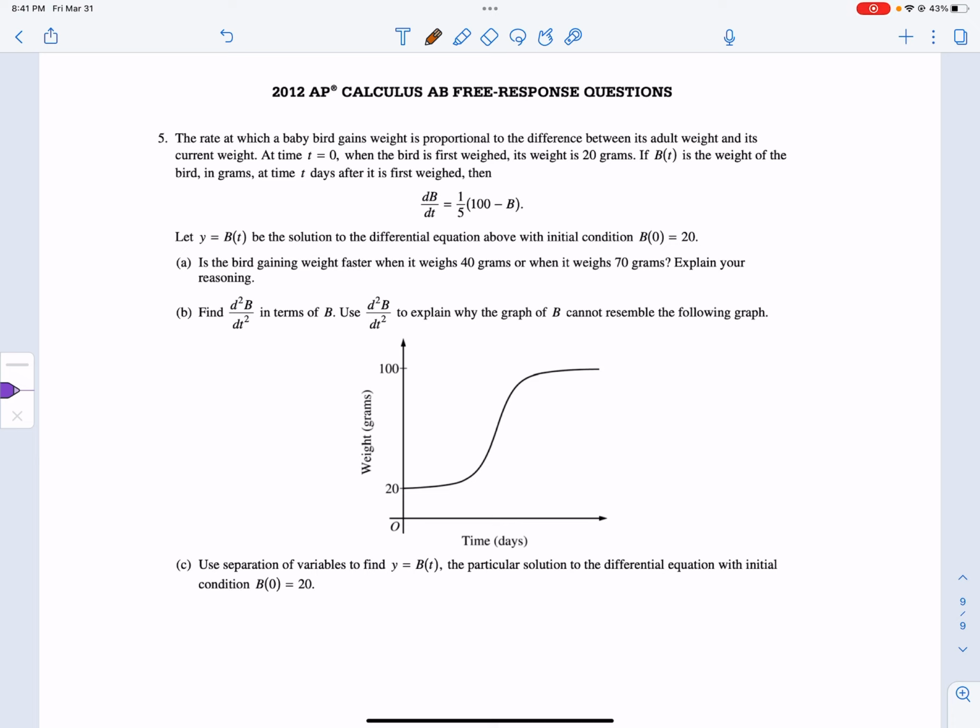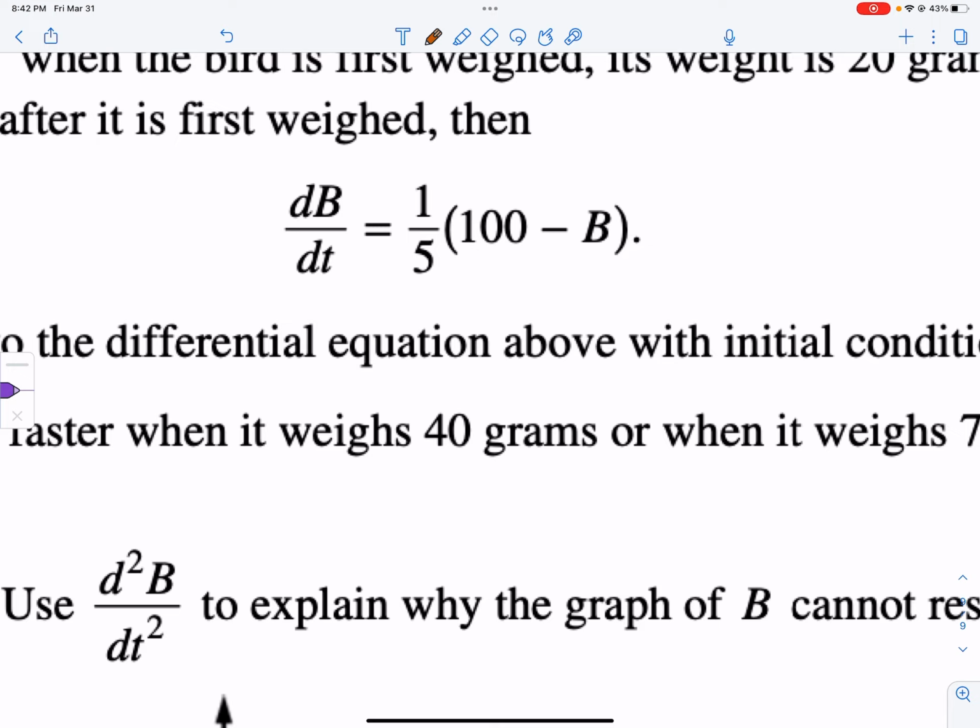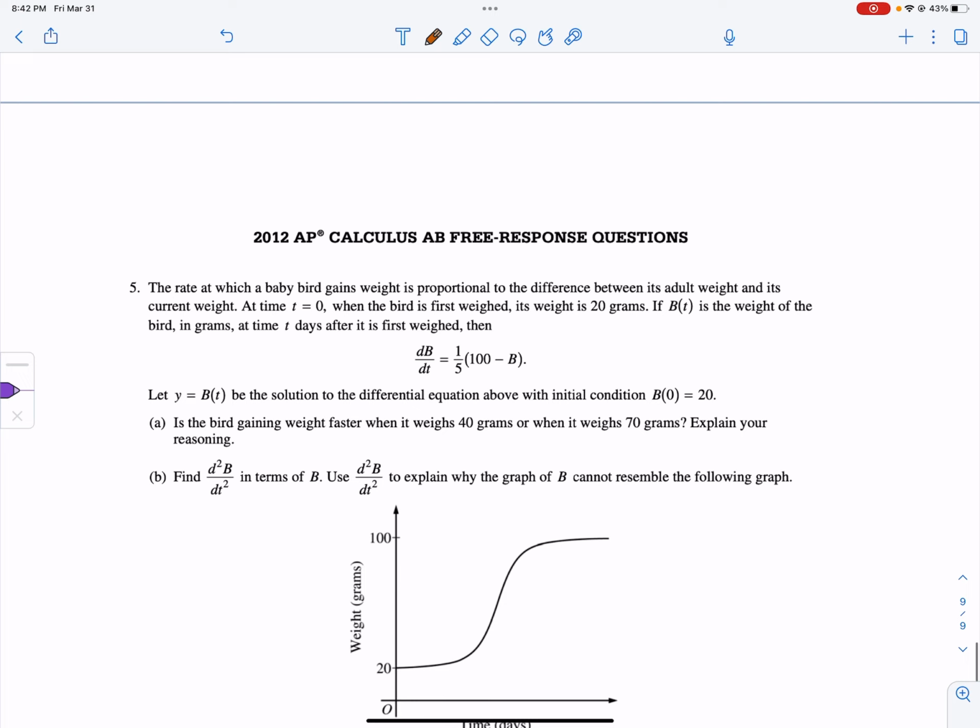If B of T is the weight of the bird in grams at time t days after it's first weighed, then dB over dt is equal to 1/5 times the quantity 100 minus B. Notice if you were to distribute that 1/5, what you would have. So let y equals B of t be the solution to the differential equation above with the initial condition B of 0 equals 20.